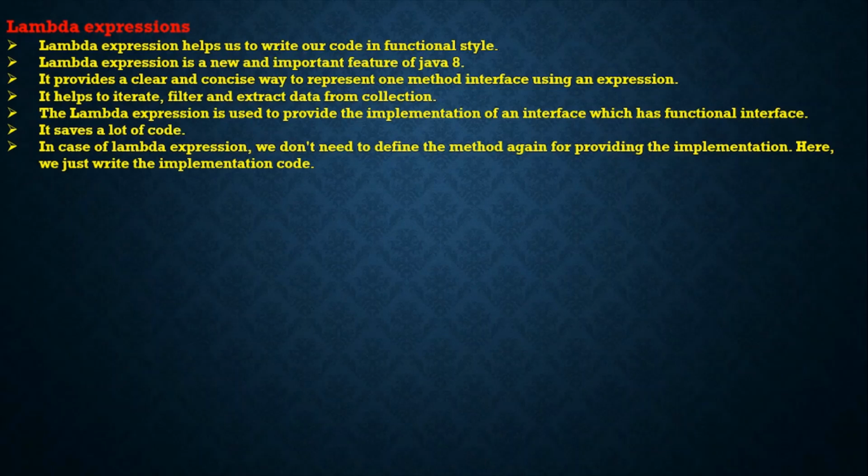For example, we have an interface and we have an abstract class. In the subclass, we write the implementation of that method. Instead of that, inside the lambda expression, we provide the implementation directly without writing any method name.